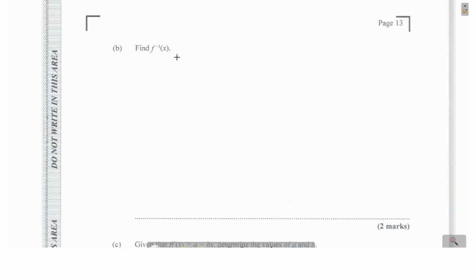So we want to find f inverse x. We know that f of x was given as 2 minus 5x. So first thing first, we're going to let f of x equals y. Let y equals f of x.